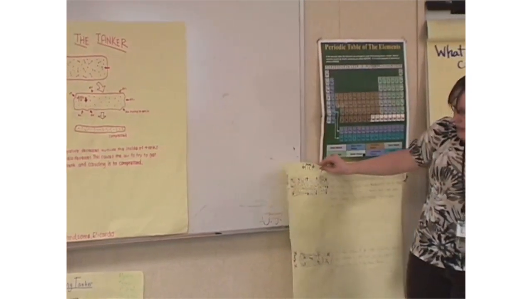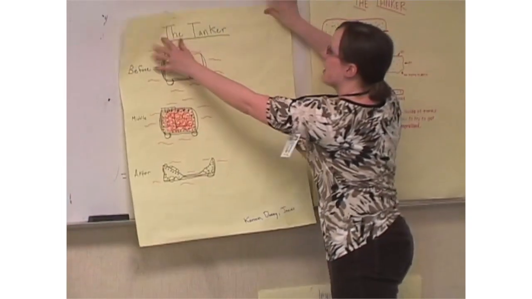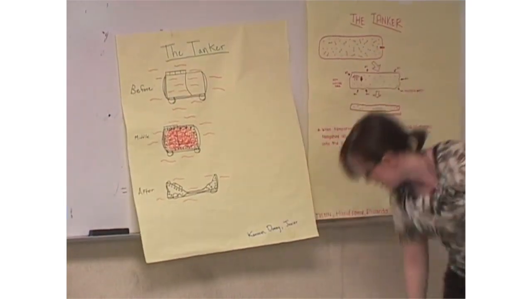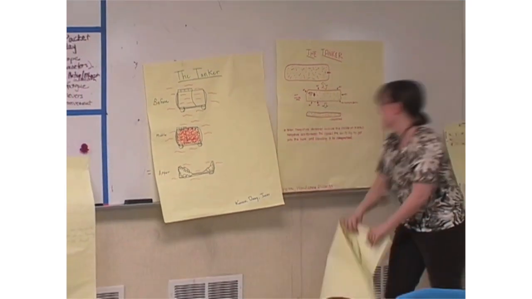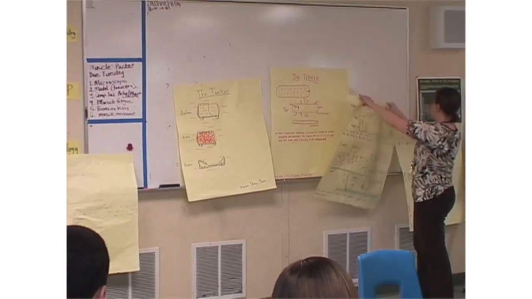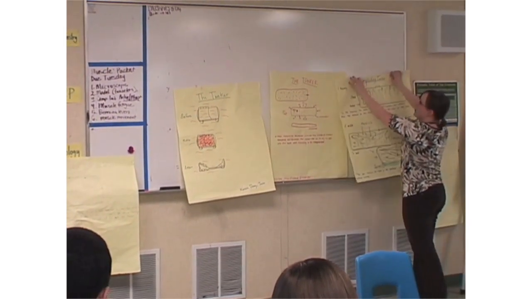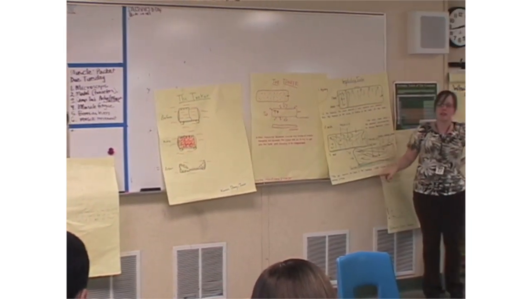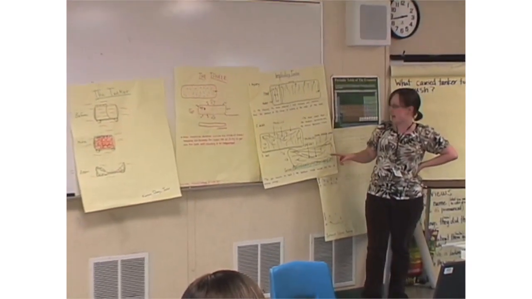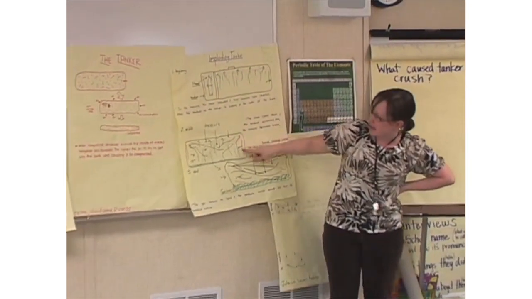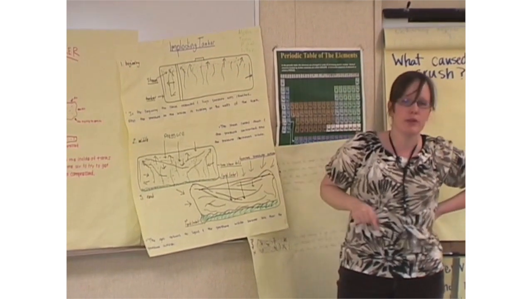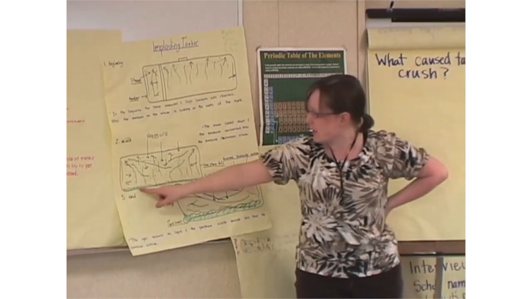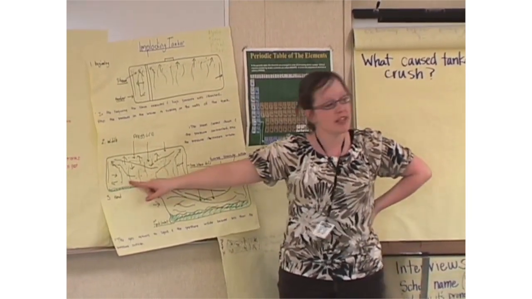Let's see. This one and this one took that a little bit further, and they talked about how temperature affected the gas. Can you see what they're showing here? What happens to the gas when it got cooler? What do we see forming here? To liquid. Yeah, so it's actually having a phase change.